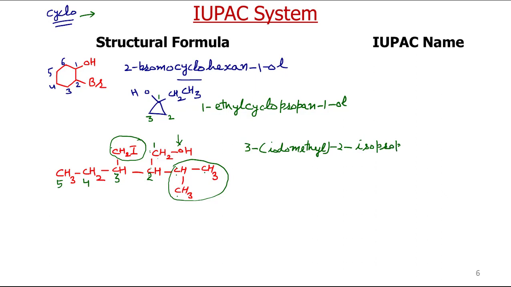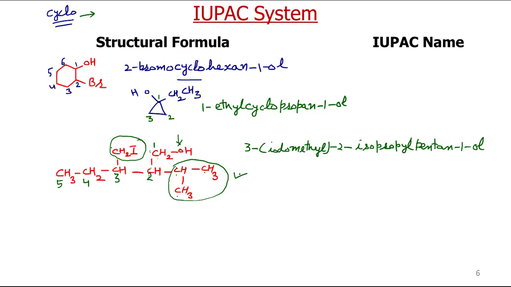Isopropyl, and now it contains 5 carbon atoms, so we will call it pentane, 1-ol. So this is its IUPAC name: 3-iodomethyl-2-isopropylpentan-1-ol. So this is the IUPAC name for this alcohol.